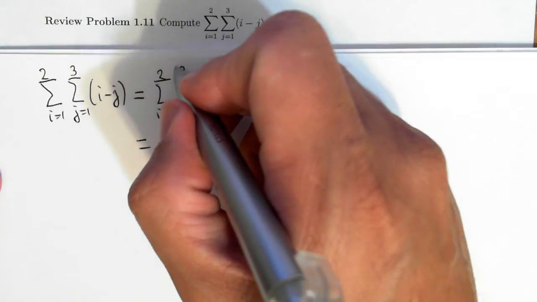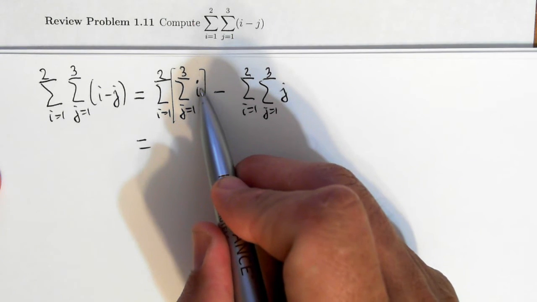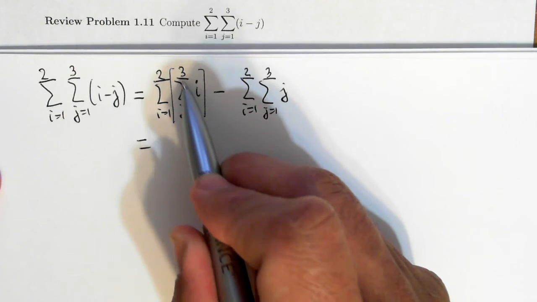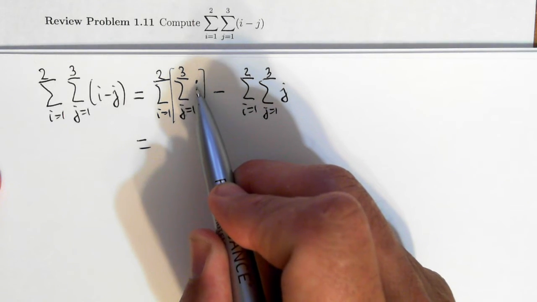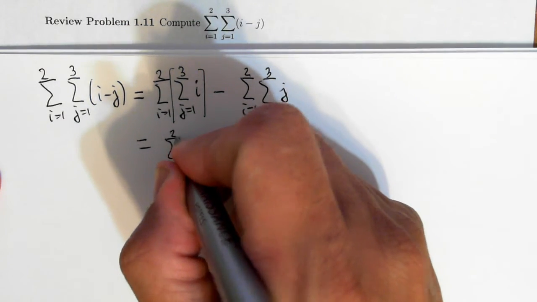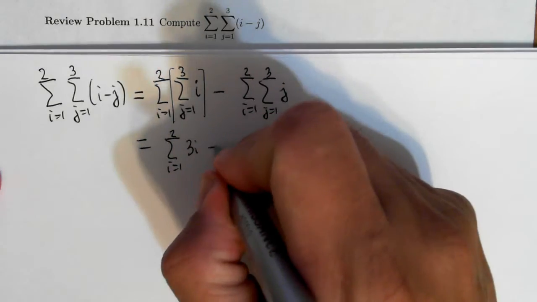For this inside sum here, j changes, but i does not inside of these brackets. Inside the brackets, j changes from 1 to 3, but i does not. So this is going to be i plus i plus i, so that's going to be summation i equals 1 to 2 of 3i, adding i to itself 3 times.